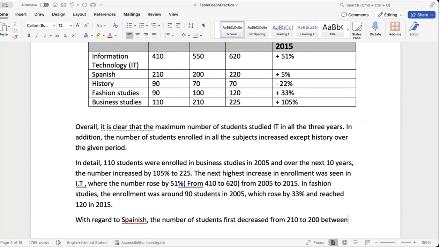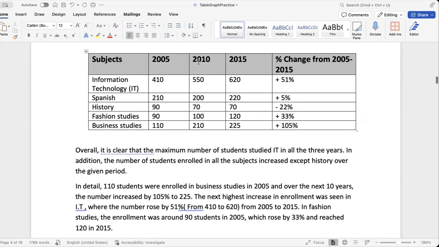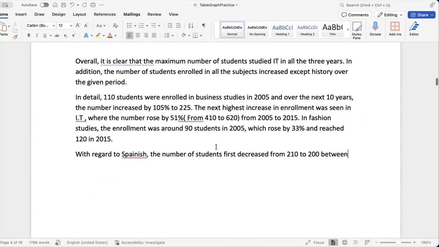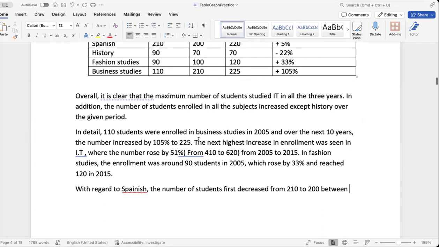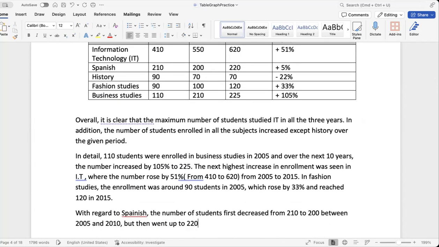Between 2005 and 2010, not 2015. It decreased between 2005 and 2010. But then it increased, it grew, then went up to 220 in 2015. Overall, there was a 5% increase in the 10-year period.